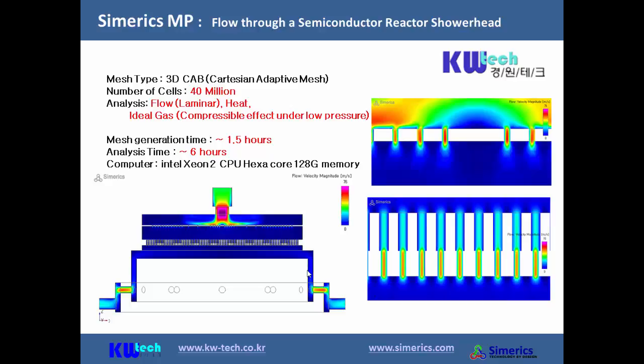And this is done on a relatively standard machine. The memory is large because of the size of the mesh, but other than that, it's a Xeon 2 CPU hexacore machine. So this is not multi-processor. This is done efficiently with a relatively standard machine.